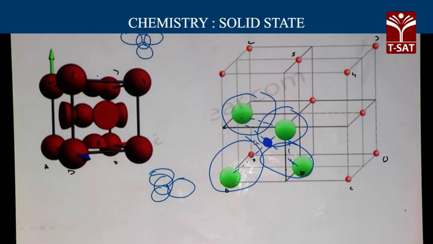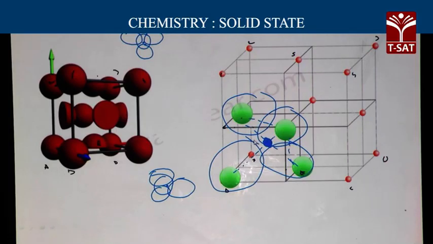See how the tetrahedral voids are formed in the crystal. If a crystal is divided into 8 equal parts, in each equal part, one tetrahedral void is formed. What is the coordination number of this tetrahedral void? See, there are 4 green spheres, so that coordination number is 4.